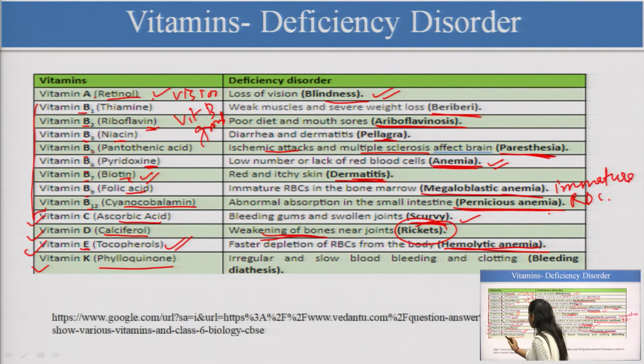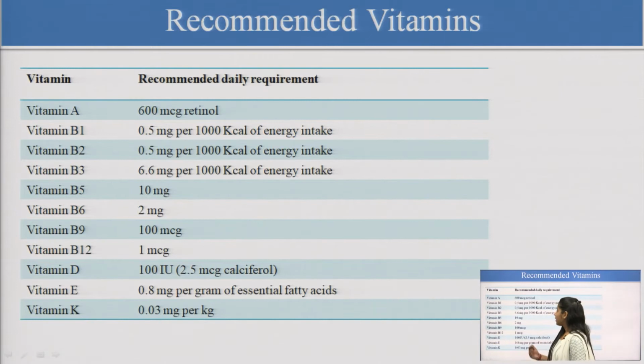Vitamin K, known as phylloquinone, has the property of coagulation, so its deficiency leads to bleeding diathesis. They are required in our body for proper functioning, and if they are deficient, these conditions can happen. So we should know the deficiency disorders of each vitamin and their common names. Now, coming to the recommended daily requirement.